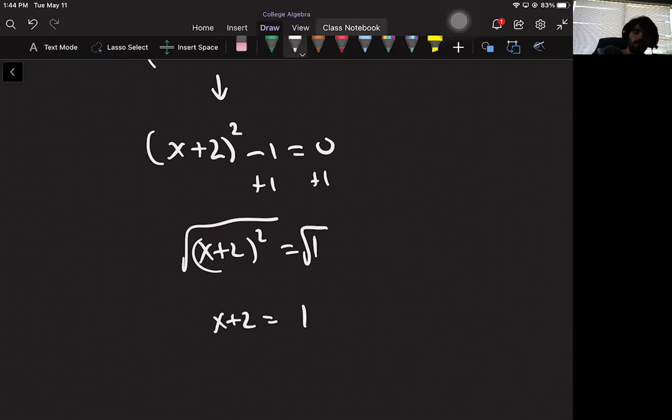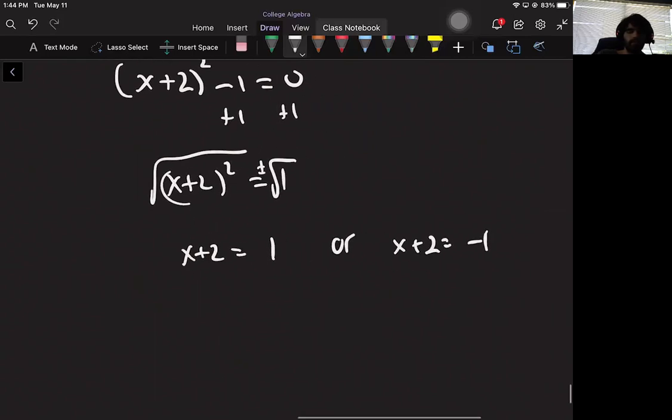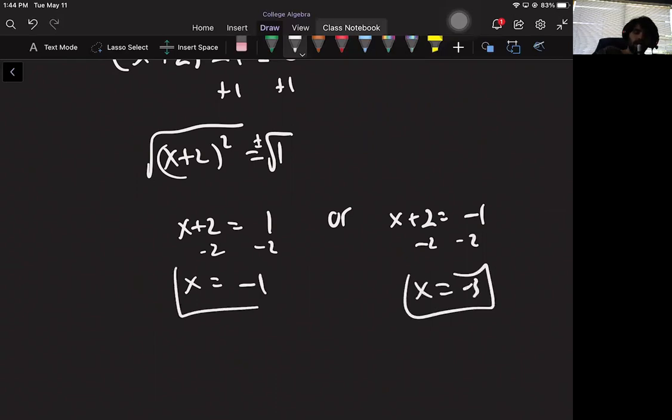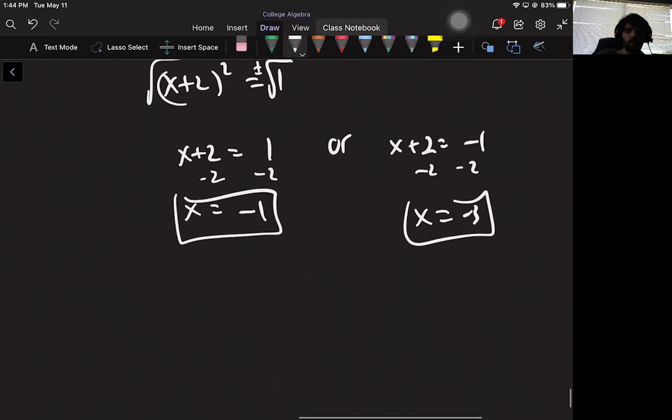So the square root of 1 is 1, or introduces a plus or minus, the square root of 1 can also be -1. Then I just have to subtract 2 from both sides, and voila, I will get the same answer: -1 and -3, which is what I got before.